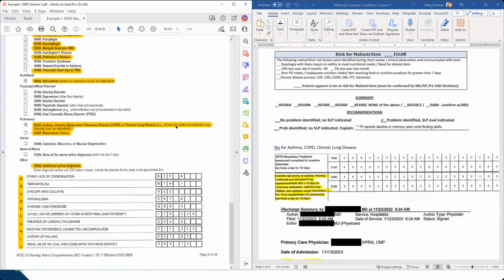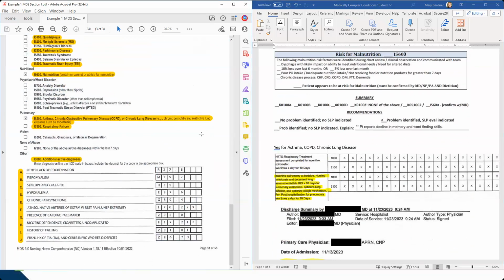So as we go back and look at the rest of the MDS and the things that were marked, there is also a yes for asthma, COPD, chronic lung disease. And we do know that this patient is receiving treatments via incentive spirometer twice a day for pulmonary atelectasis, to optimize their lung inflation and optimize their cough mechanism.